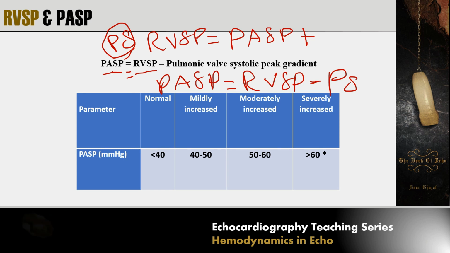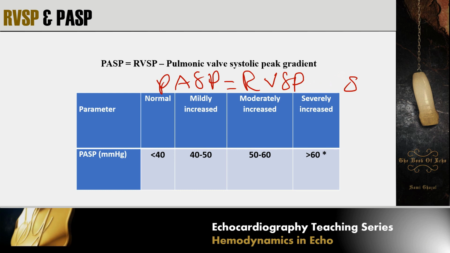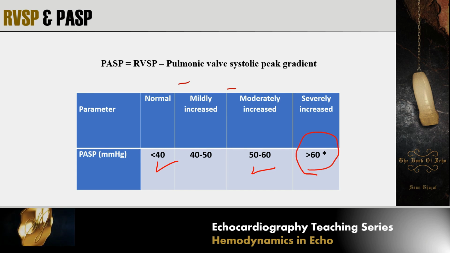Okay, so now what do we do with all these numbers? We can use them if there is pulmonary hypertension. The normal pulmonary artery systolic pressure is less than 40. Between 40 and 50 millimeters of mercury is mildly increased, 50 to 60 is moderately increased, and more than 60 is severely increased, given that it is more than 2/3 of the systemic systolic blood pressure.